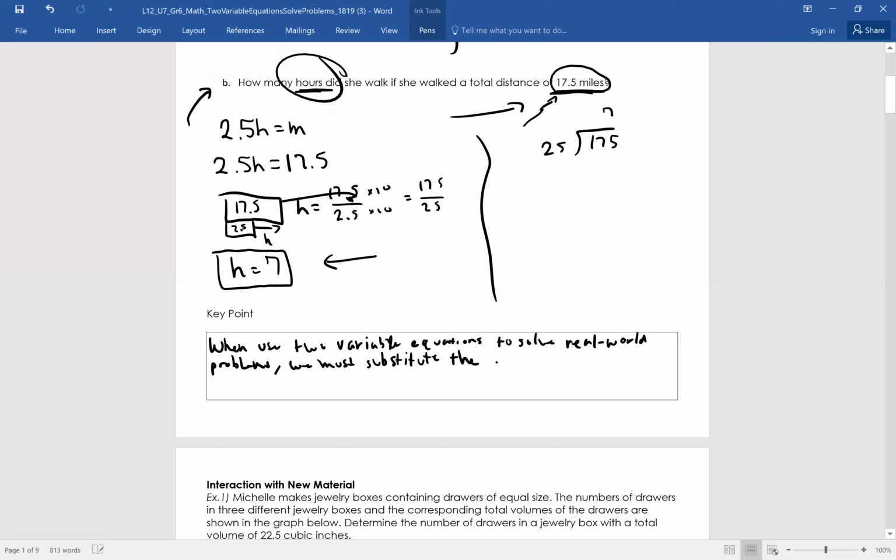I'm going to underline given. Oops, spelled matching wrong.